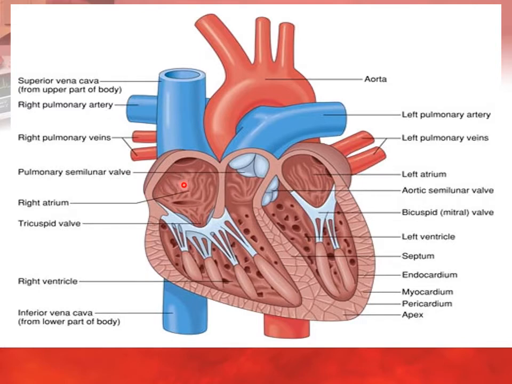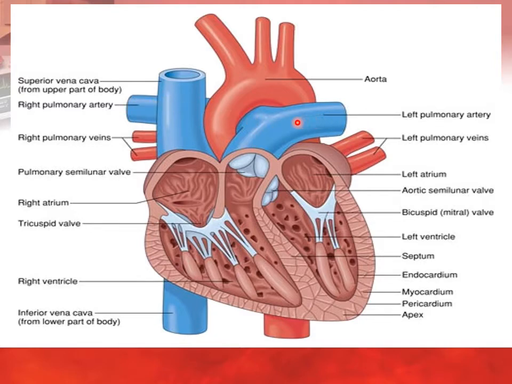That blood is going to flow from the right atrium through the tricuspid valve and into the right ventricle. From the right ventricle, blood is going to go out an artery. Now, this is the only artery in the body that carries deoxygenated blood. So it's going to come out here, and then it's going to go to this side, and that is the pulmonary artery.